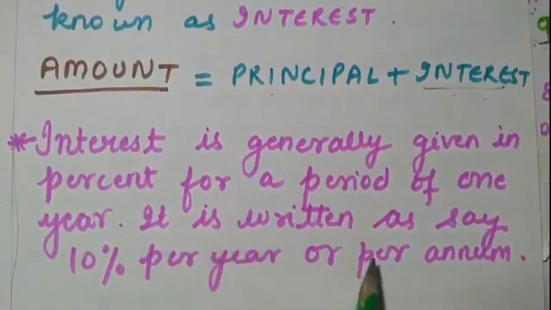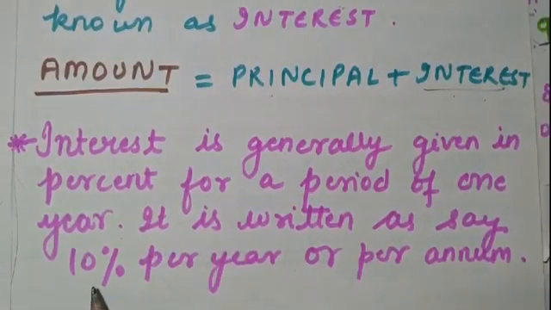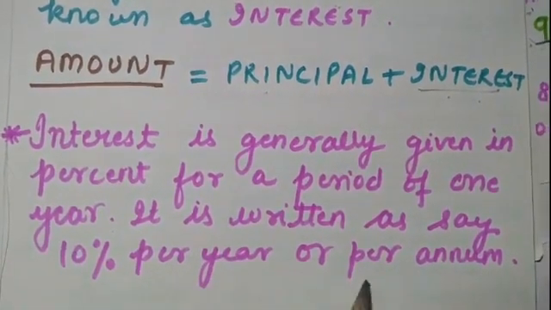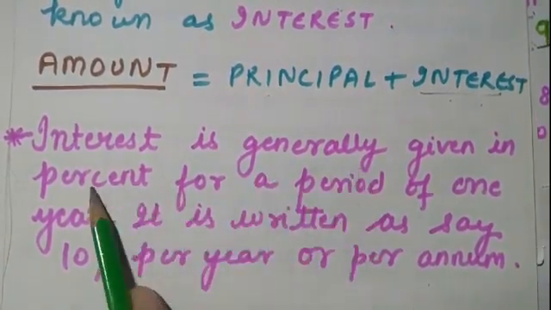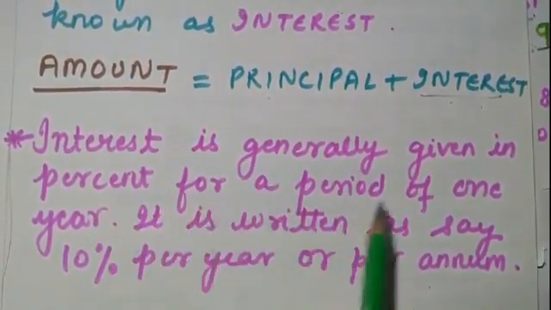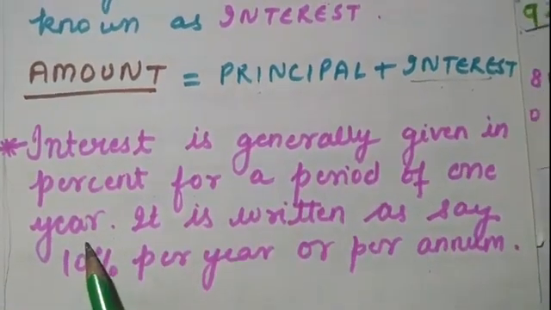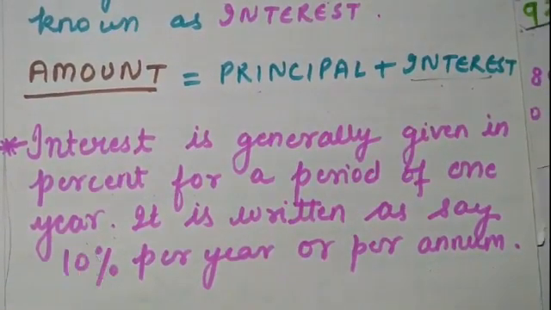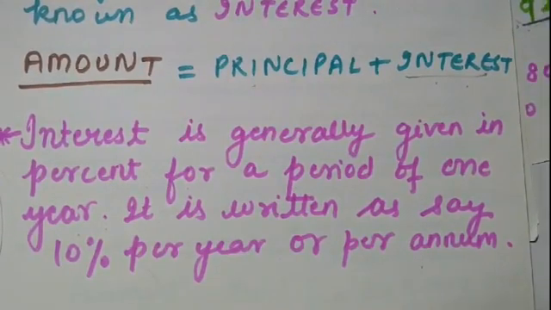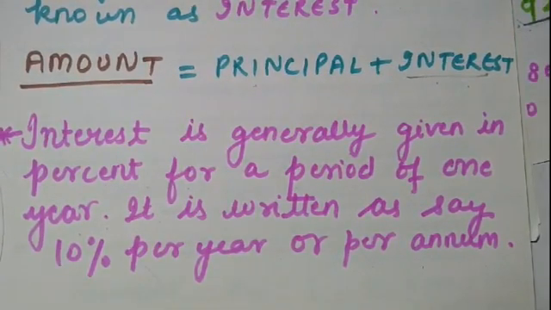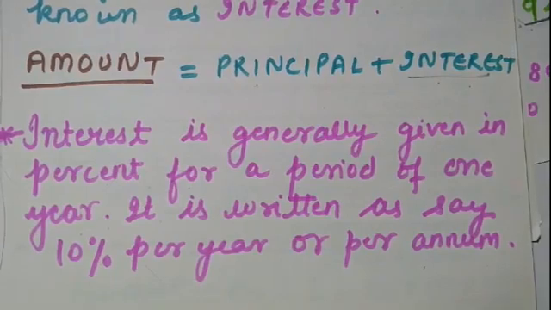It is written as, say, 10% per year or per annum. So interest is generally given in percent for a period of 1 year. Suppose somewhere it is written 10% per annum, it means the interest is rupees 10 out of 100 per year.